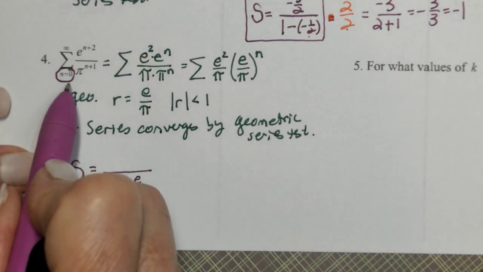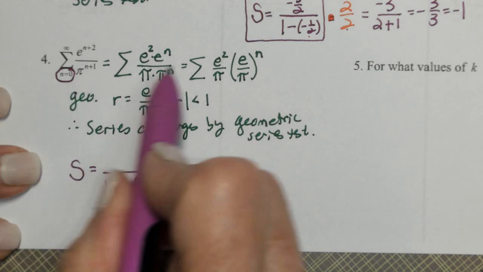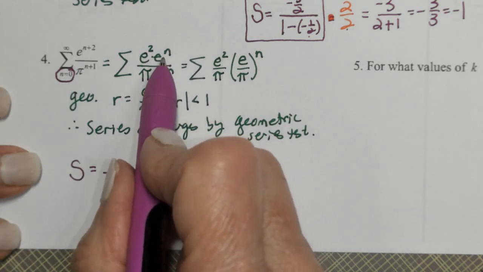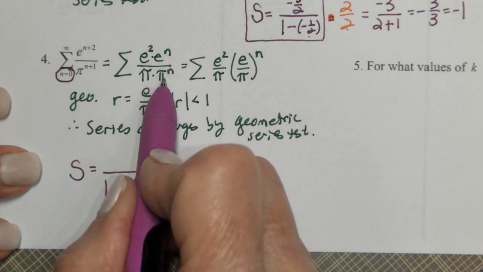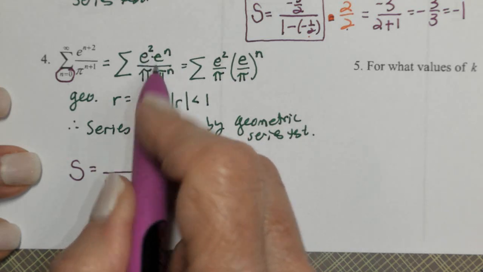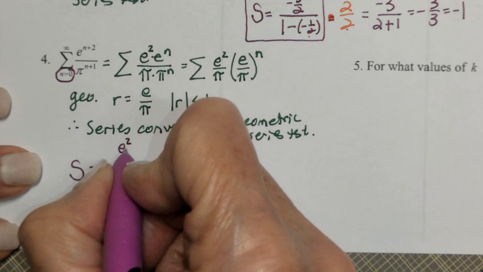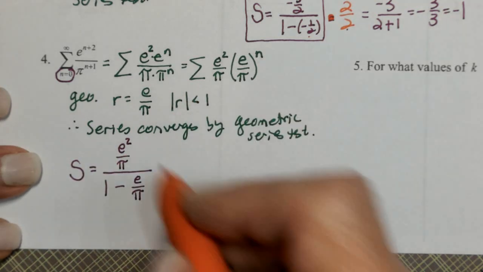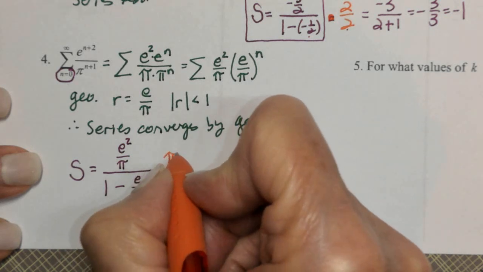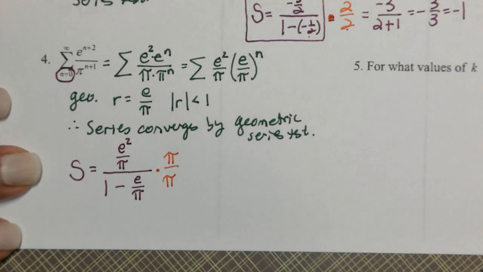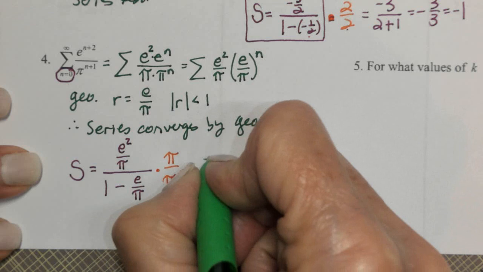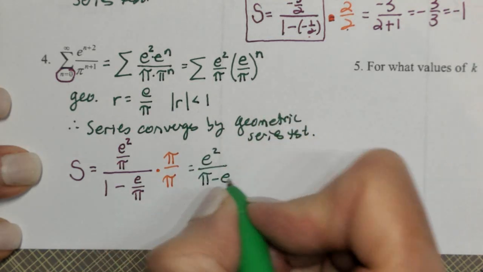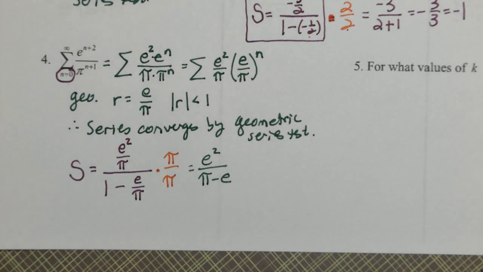When n is 0, I have e to the 0, which is 1, over pi to the 0, which is 1. I have e squared over pi. So the very first term is e squared over pi. To simplify this for a multiple choice question, I'm going to multiply top and bottom by pi, and this would be e squared over pi minus e. Multiple choice question answer.